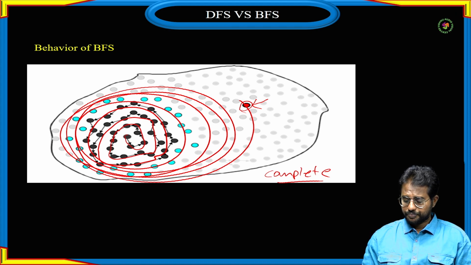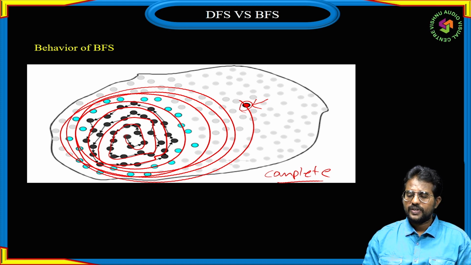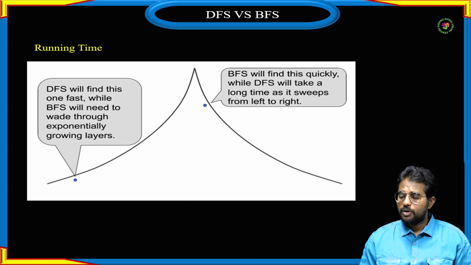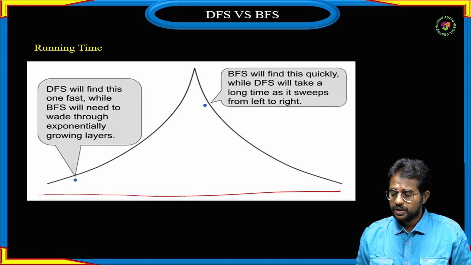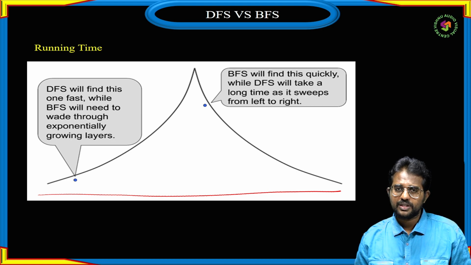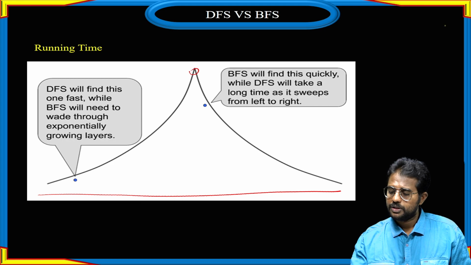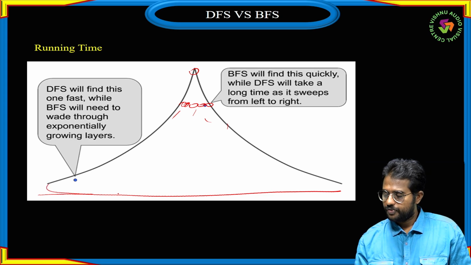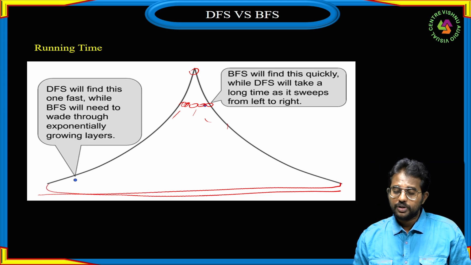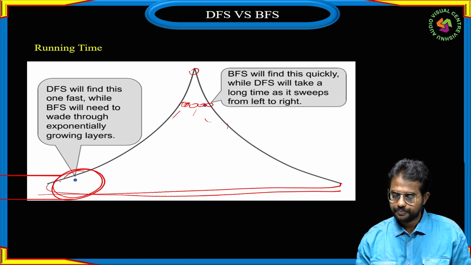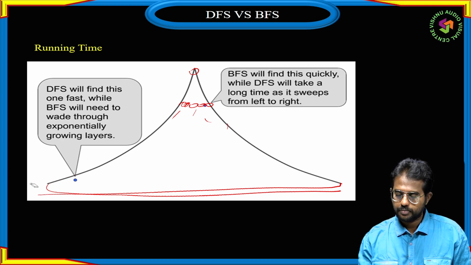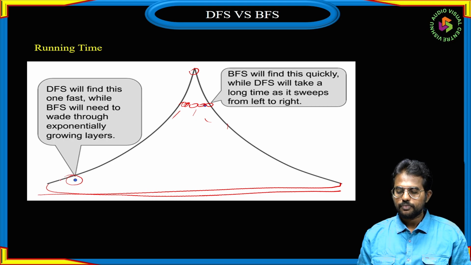Now we can see the time taken under the best cases for DFS and BFS. For example, this is the search tree for that particular problem. If this is the search tree, DFS will perform better if the goal node is present here.